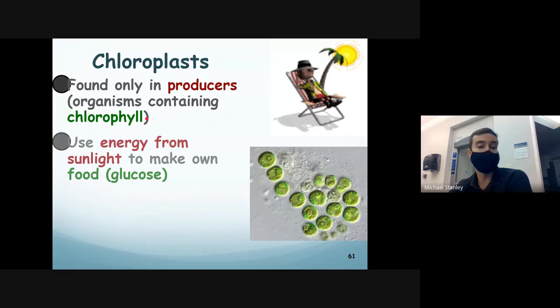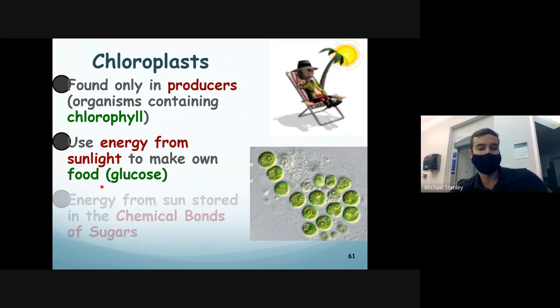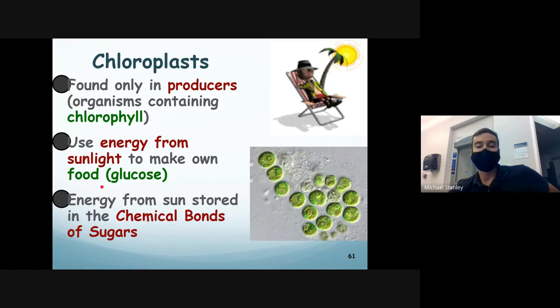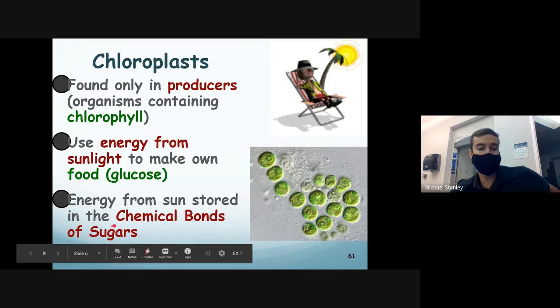And this is where photosynthesis happens. The chlorophyll inside of the chloroplast is what allows photosynthesis to happen. This is where plants take the energy from the sun and use it to create their own food, their own sugar in the form of glucose. So they turn that sunlight energy into chemical energy.